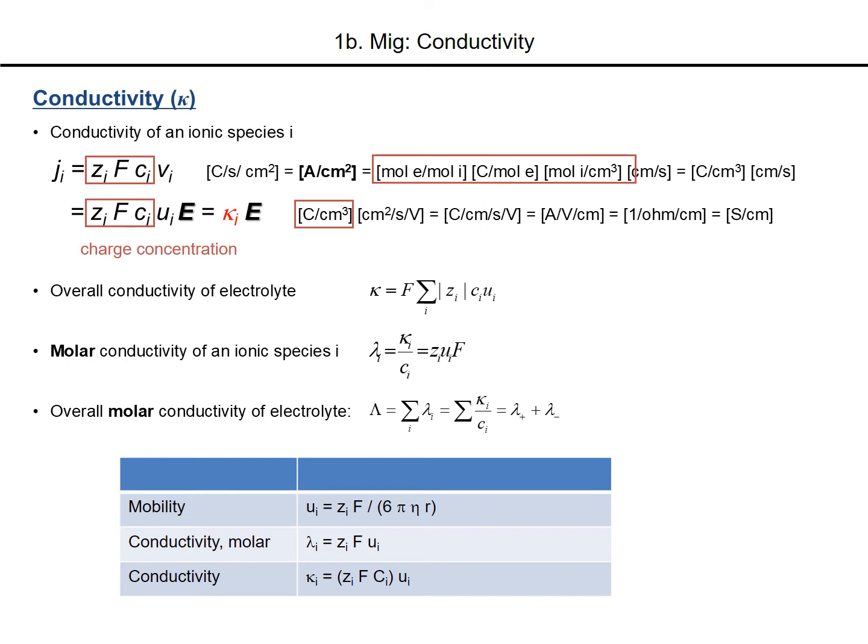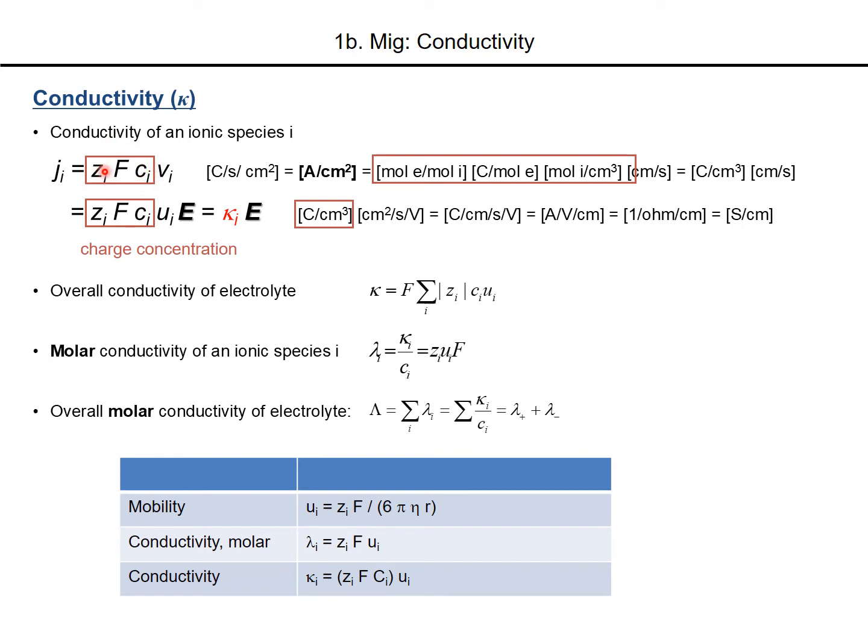The second one I'd like to introduce is conductivity, which is another characteristic of an electrolyte. Actually, that is the extension of mobility. Conductivity, kappa. Here is the current density, J of species i, the unit of which is ampere per centimeter squared. It is proportional to the velocity of the species i, of course, with some charge concentration term, z_i F c_i, with F and the concentration of species i.